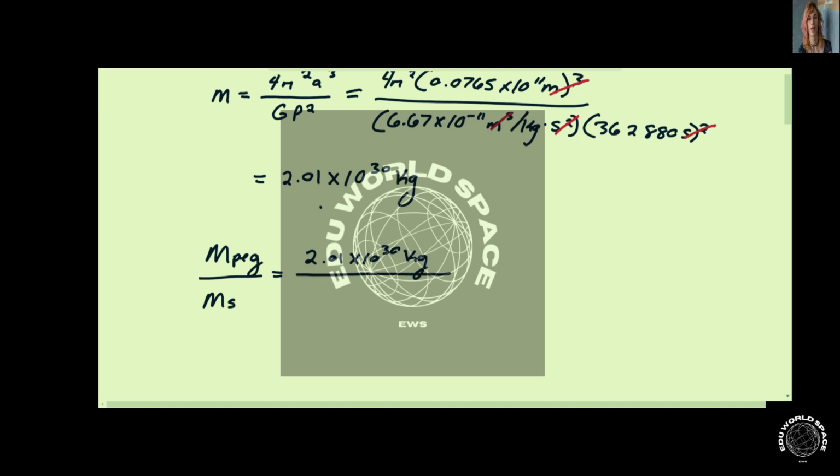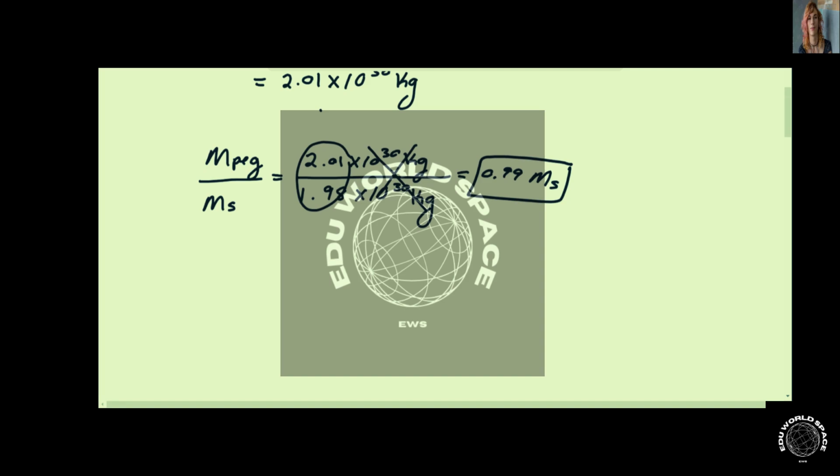So we put the mass that we just found, and the mass of the sun is 1.98 times 10 to the 30 kilograms. You can obviously see that part kind of cancels out, so you're really just worrying about the math. And that becomes 0.99 times the mass of the sun.